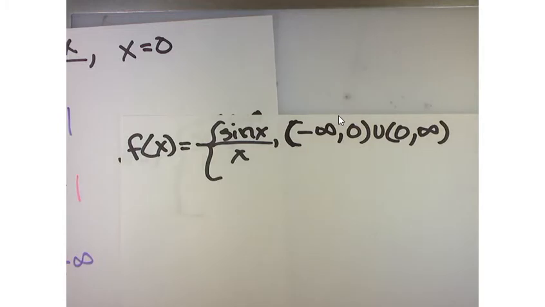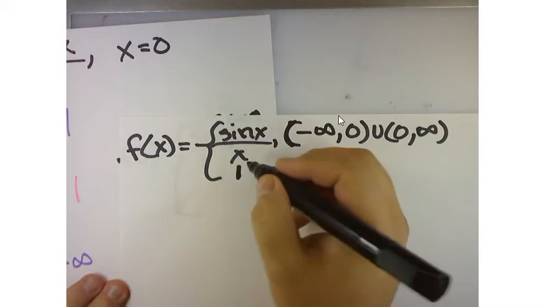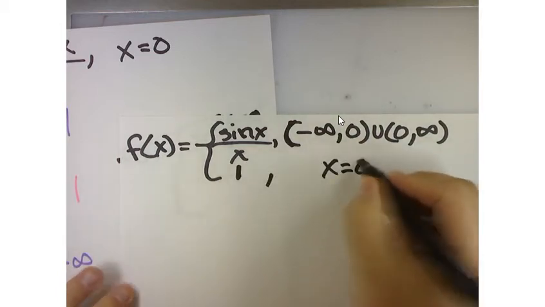Now when I write it that way, am I including the 0 at all? No. Now here's the only thing I've got to add. f of x equals 1 when x equals 0.